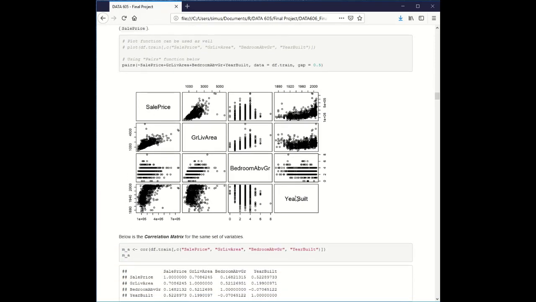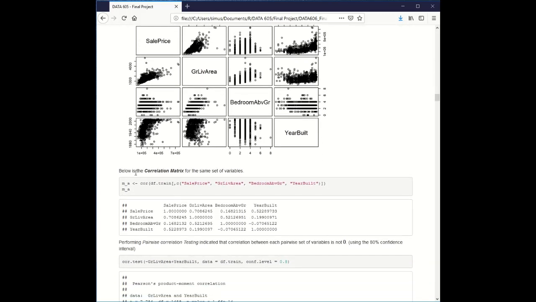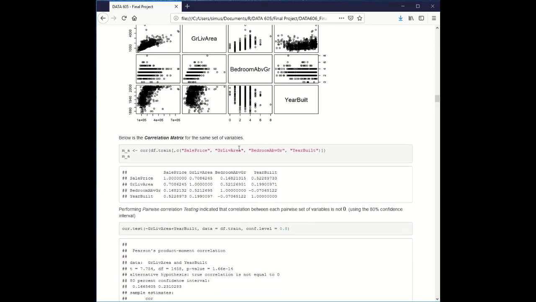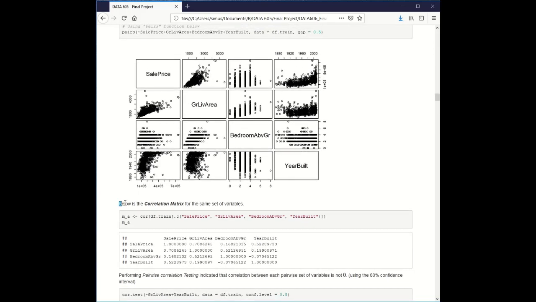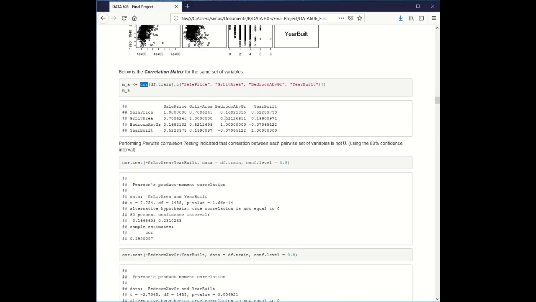And here's the matrix showing those variables and how they relate to each other. The non-graphical way to see correlation between the variables is this correlation matrix. I'm using the cor function from R, and it gives us this 4x4 matrix with the correlation values between each pair of variables.